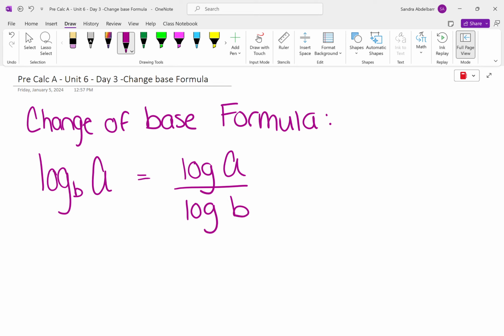In our calculators, we only have log base what? 10. Right? So if I have a log base b of a, I can't change that base. So we can use the change of base formula to use the calculator. Anytime I have log base b of a, that's the same as saying log of the argument over the log of the base. And they're equivalent. These two values are equivalent to each other.